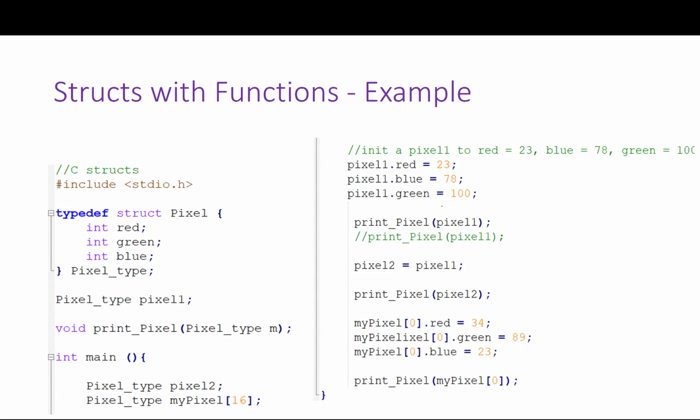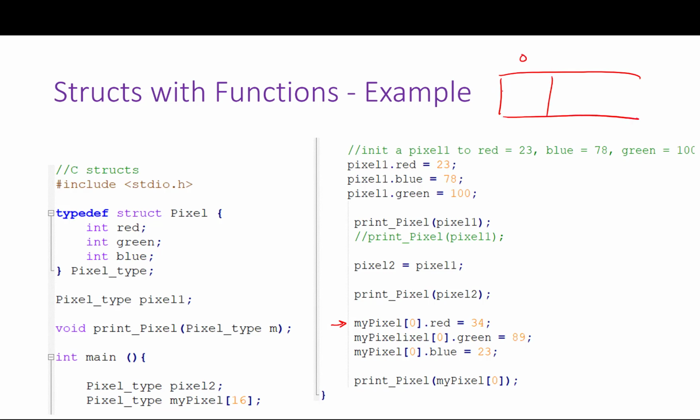And then after that, initializing the array. So how to initialize the array, each element in the array, as you can see here, starting with pixel, my pixel, 0. This is the first element in the array. And then inside it, I have a member, right? If you remember, this is my array, and this is 0, right?